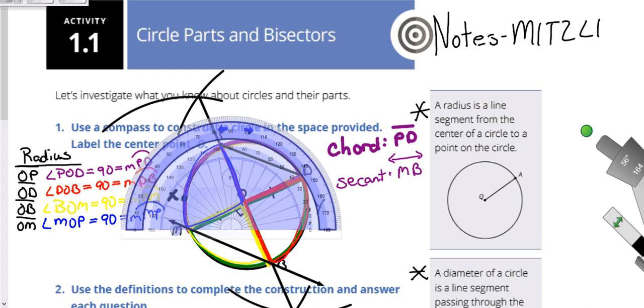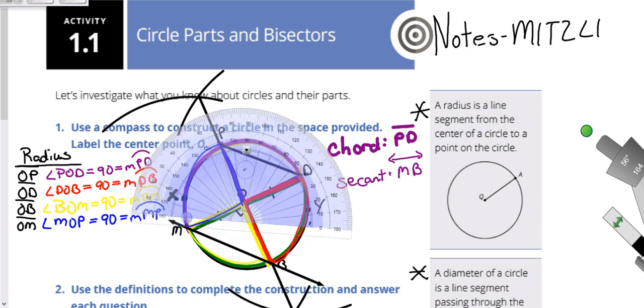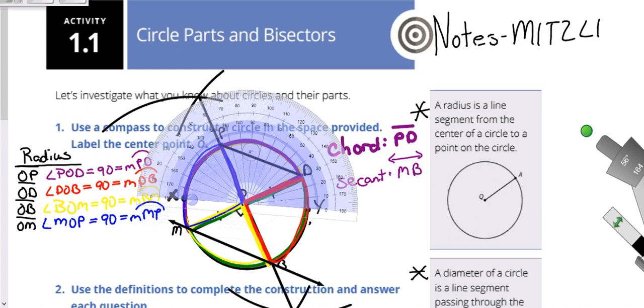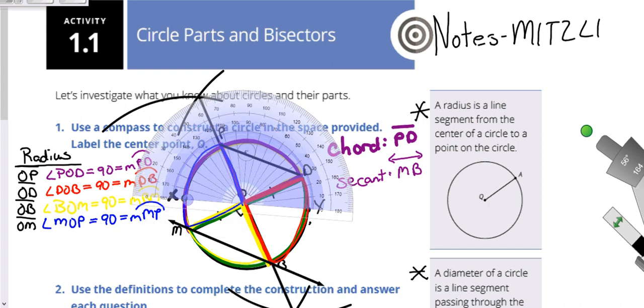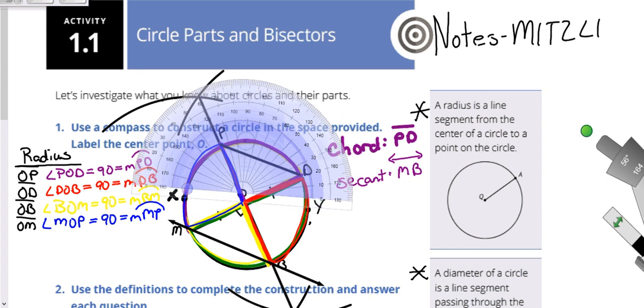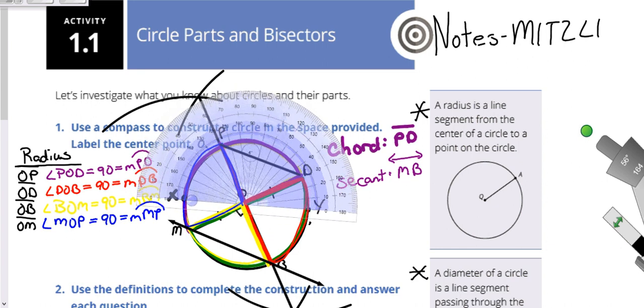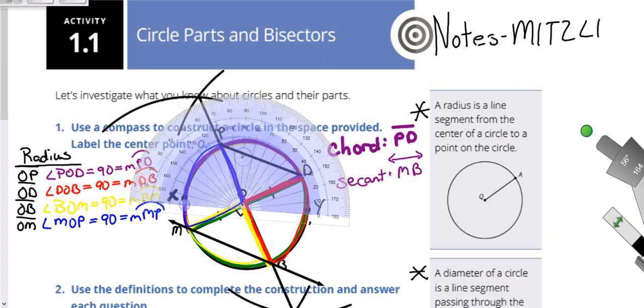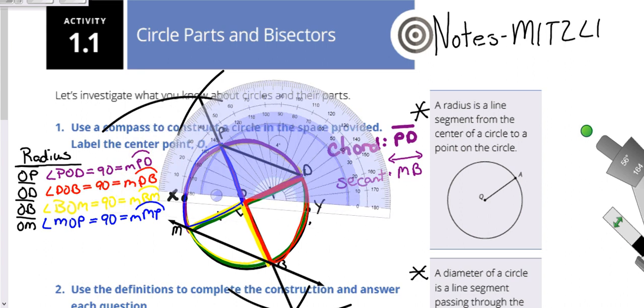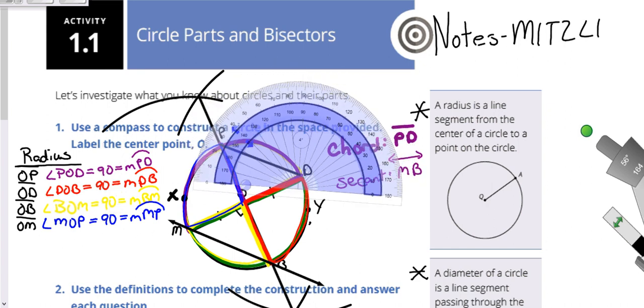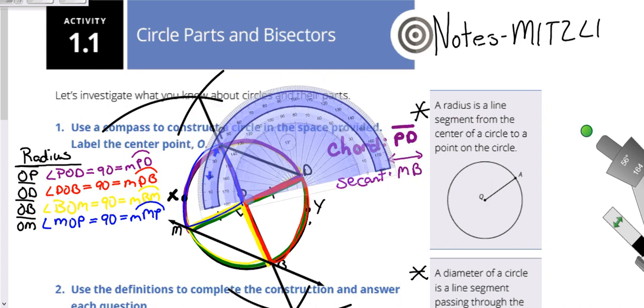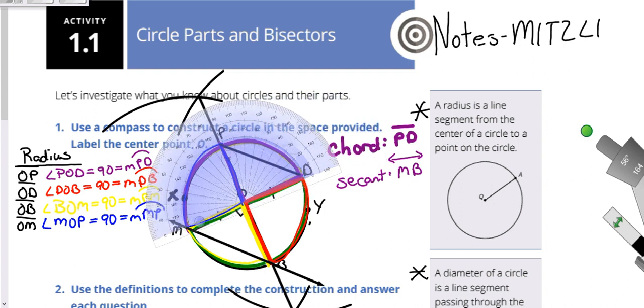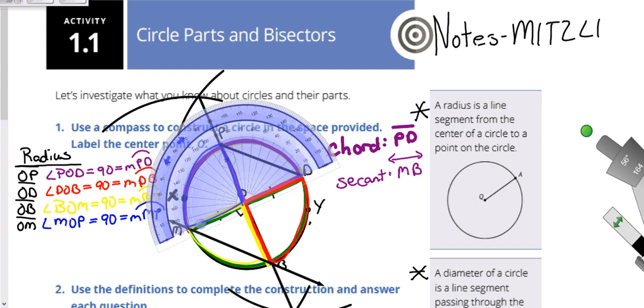All right, so we're going to put the center right on the center of the circle, and we're going to end up measuring one of these internal ones here. Let's see if I can get it to rotate for me. Come on. There we go. Center. And rotate.